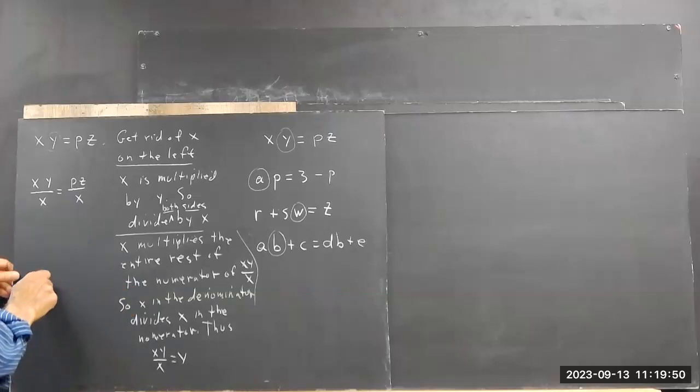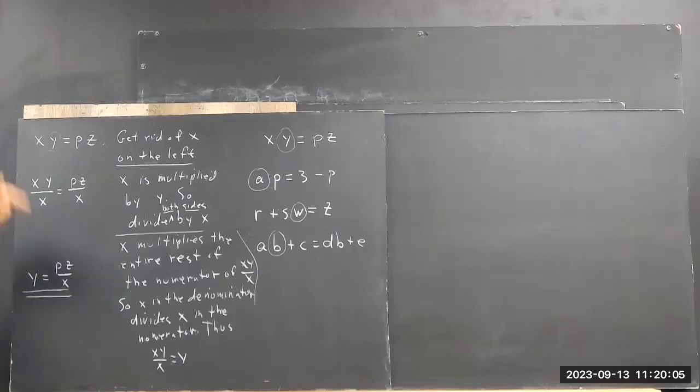So we can write y equals pz over x, and that's our solution. Okay. Now we can check this.